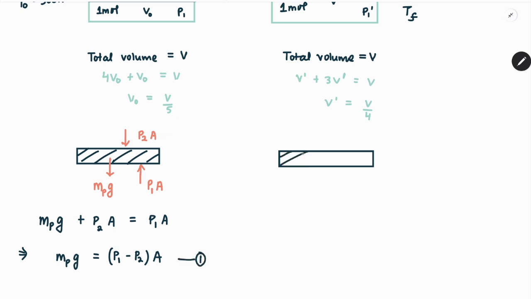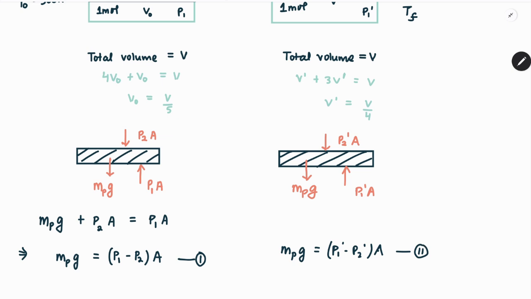Similarly in the second case, the weight Mp g acts downward, and the pressure acting is P1 dash times area A on one side and P2 dash into area A on the other side, and we get the same expression. Mp g is equal to P1 dash minus P2 dash multiplied by area A, and this serves as the second equation.